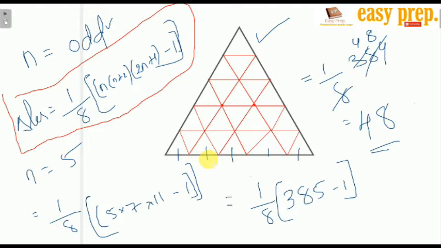Okay, so at most they will be asking of 7, friends, that's it. They can't ask more than, actually they won't ask, I guess, because it will be lot of time taking. So max we come across these base triangles will be 7, friends, that's it.